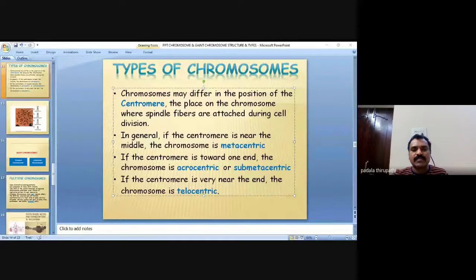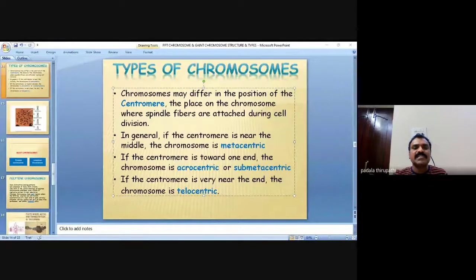Four types. Number 1 metacentric, number 2 submetacentric, number 3 acrocentric, number 4 telocentric, based on the position of the centromere in the chromosome. Is it clear?